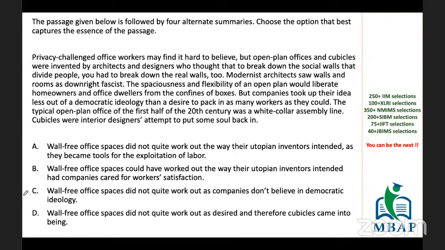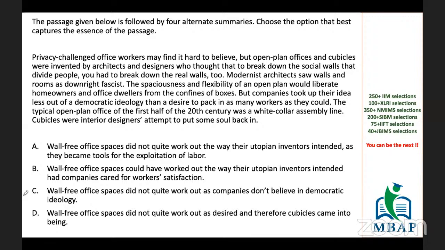Privacy challenged office workers may find it hard to believe, but open plan offices and cubicles were invented by architects and designers who thought that to break down the social walls that divide people, you had to break down the real walls too. Modernist architects saw walls and rooms as downright fascist.